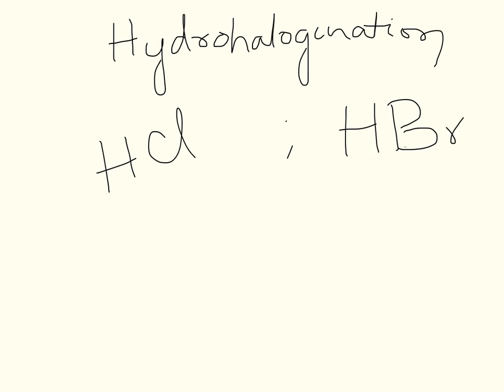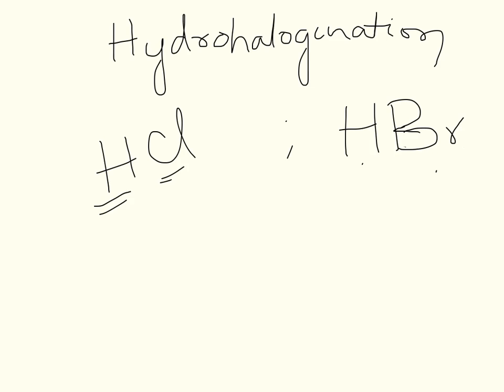Now, why do we call them hydrogen halides? Because there's a hydrogen and a halogen. So, hydrogen chloride or hydrogen bromide. So, in this case, a hydrogen halide adds to the alkene across the double bond.